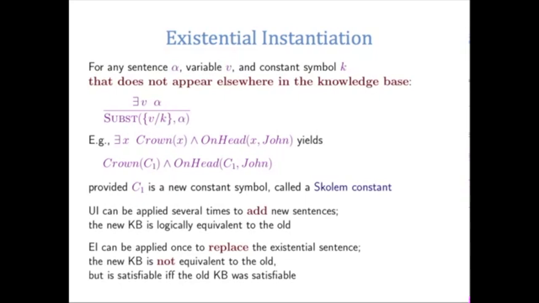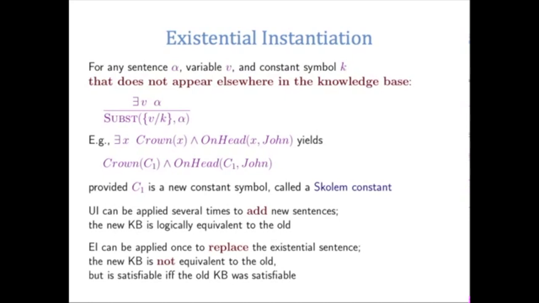So if we've got a constant Richard, k is not going to be Richard. Our idea is that if we say there exists a v for sentence alpha, then it is true that there exists some k which we can substitute for v that makes alpha true.